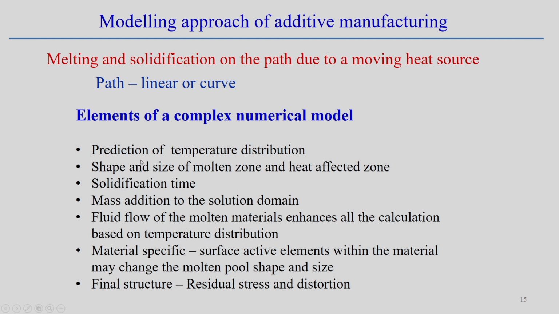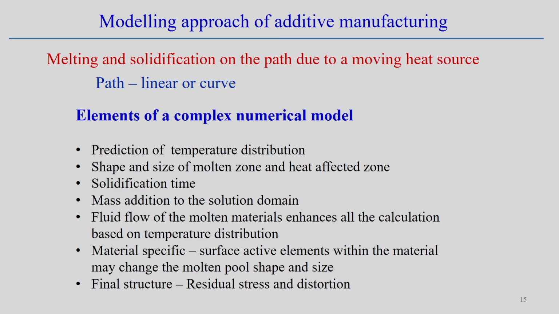The first thing is the prediction of the temperature distribution. Simply by solving the heat conduction equation, you can predict the temperature distribution in the domain. It is helpful not only to know the temperature distribution, but also to predict the shape and size of the heat affected zone and the molten zone. The temperature distribution can also be utilized for the prediction of microstructure, and the solidification behavior is possible to predict from it as well.